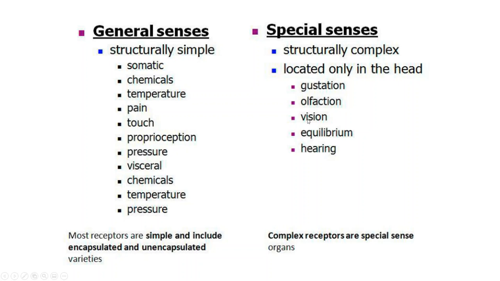There are vision, hearing, equilibrium, olfaction, and gustation. These are the special senses. You must remember this for me very well, okay? All the others are general senses, okay? So if you remember what the special senses are, you don't even have to memorize the general senses, because whatever is not this is this, right?